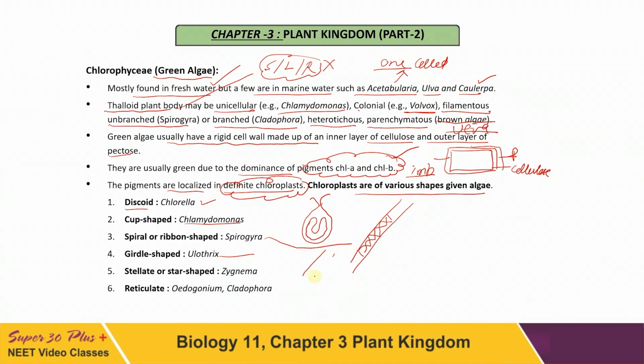Like this is the cell of Ulothrix, then the chloroplast is just like a horseshoe, or girdle-shaped. It may be star-shaped in Zygnema, or it may be reticulate, as in case of Oedogonium and Cladophora. You have to remember that the chloroplasts found in green algae have different shapes. Important one.